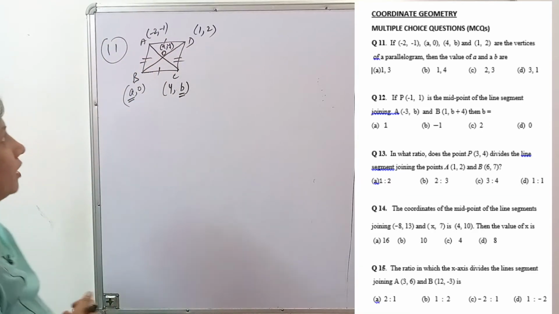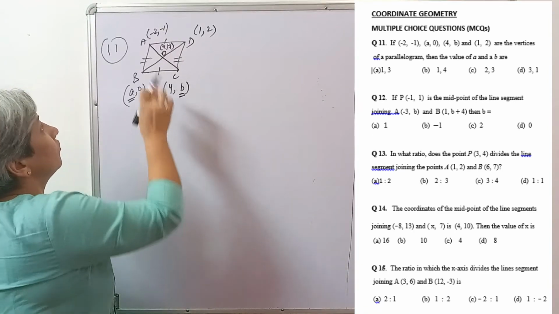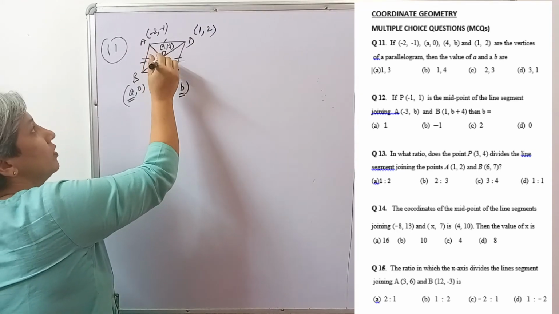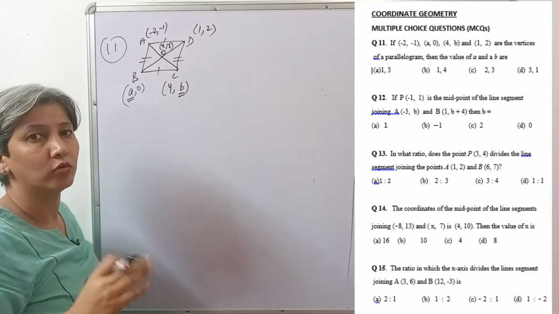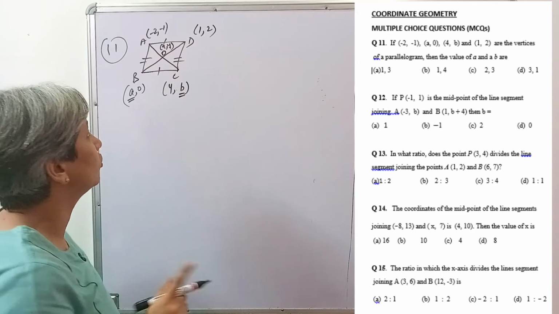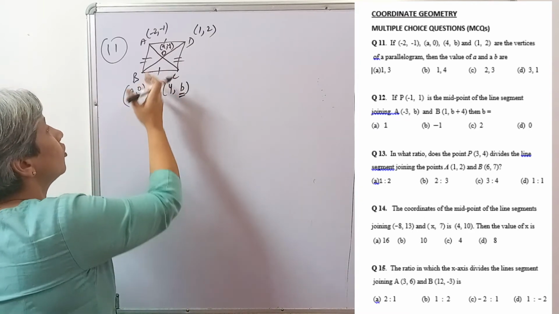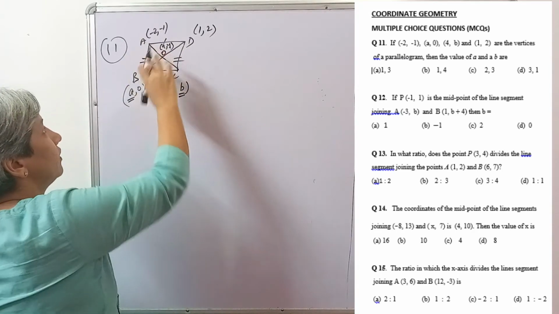That's another feature of parallelogram. So we can use that too because we have a midpoint formula. From AC we'll find the values of XY of the midpoint, and also from BD we'll find the value of midpoint and equate both the values. From there also we can get our A and B, right? So we can use either of the ways, either by equating the sides or by finding the midpoints of both the diagonals and equating.